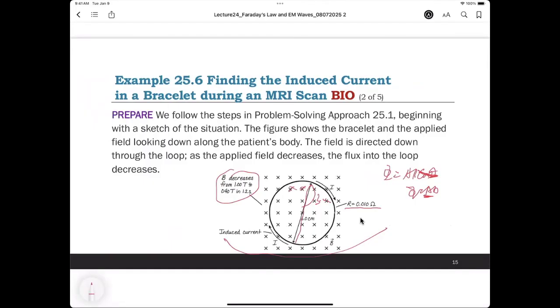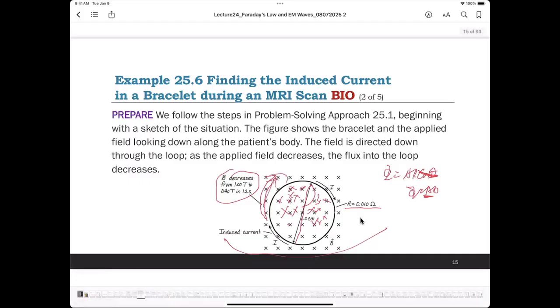Then you use the right-hand rule, and the induced current direction should go this way. That makes sense because the magnetic flux decreases, which means the loop should generate a magnetic field in the same direction, and then using the right-hand rule, you will find the induced current direction is clockwise. That makes sense to you.